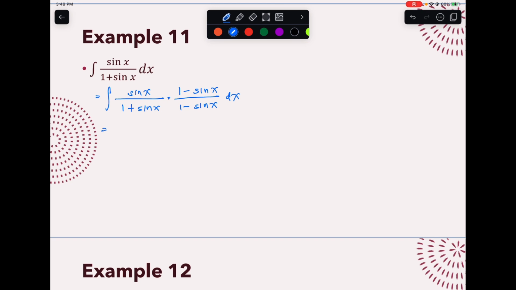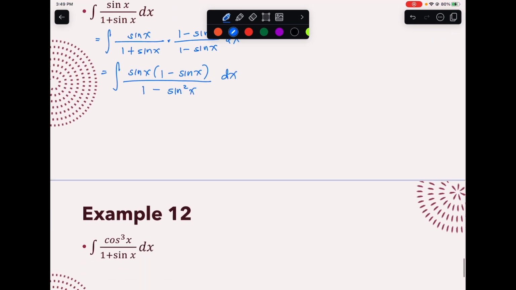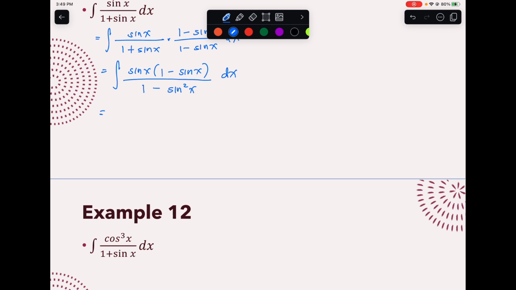So doing that, that would give us sine x multiplied with 1 minus sine x. And then the denominator is a sum and difference, so this would be a difference of 2 squares. So 1 times 1 is 1, and then minus sine squared x dx.